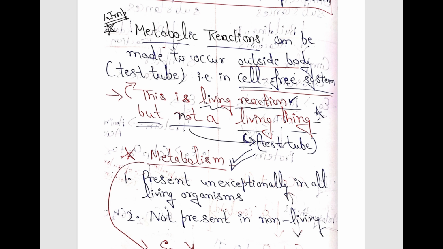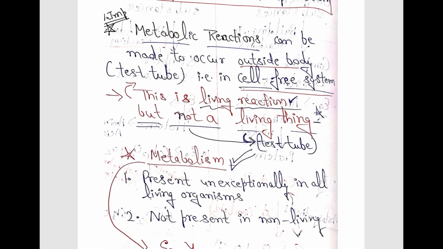Here we should not forget that metabolism is the total sum of the chemical reactions performed in our body. It is not the sum of a few living reactions. All organisms are made up of small or big chemicals.